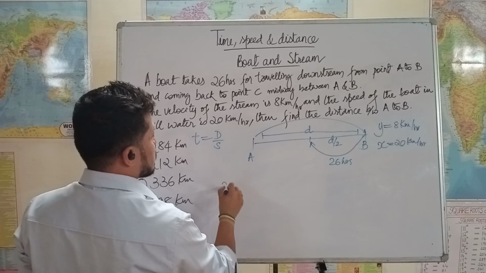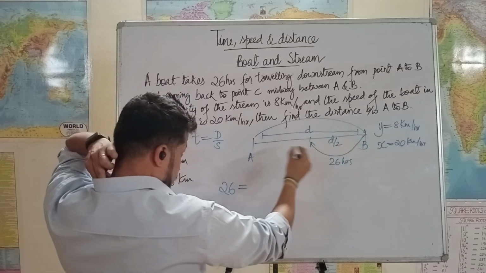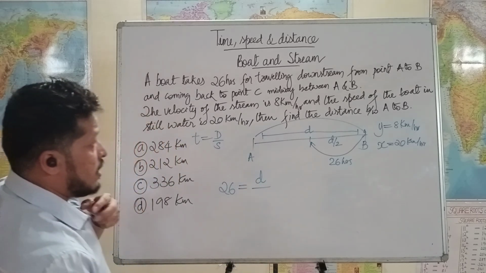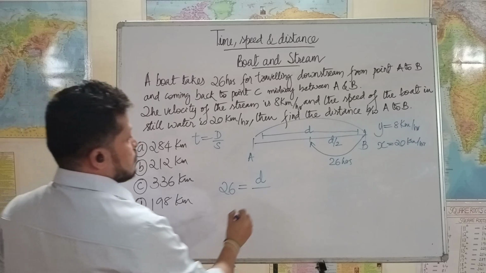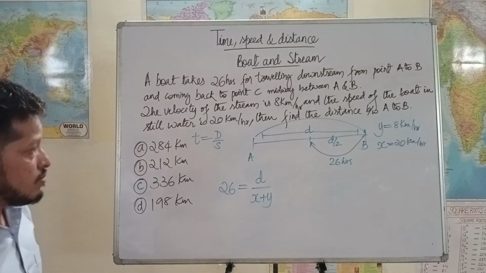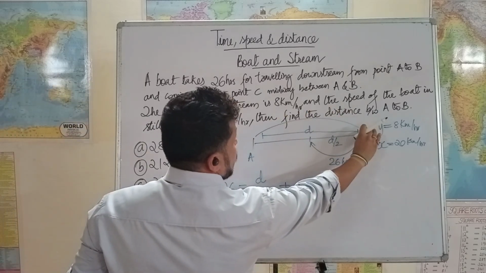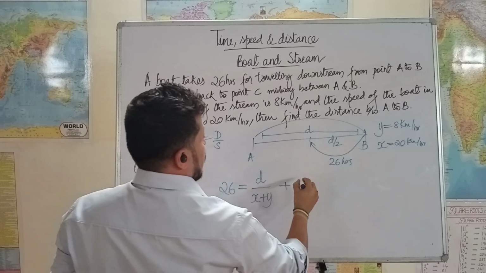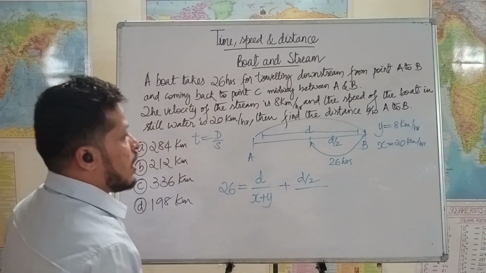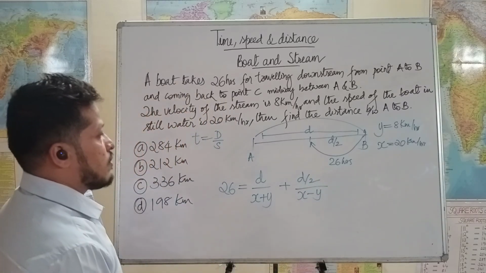So the time 26 hours is equal to the distance travelled downstream, D, divided by the speed downstream, which should be x plus y, and this is the time travelled downstream, and upstream the distance travelled is d by 2 divided by the upstream speed, x minus y. So let's solve this.